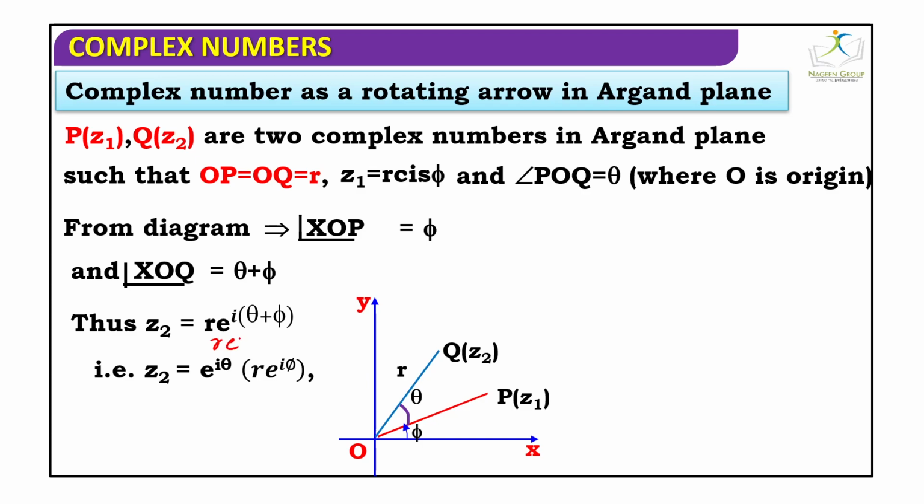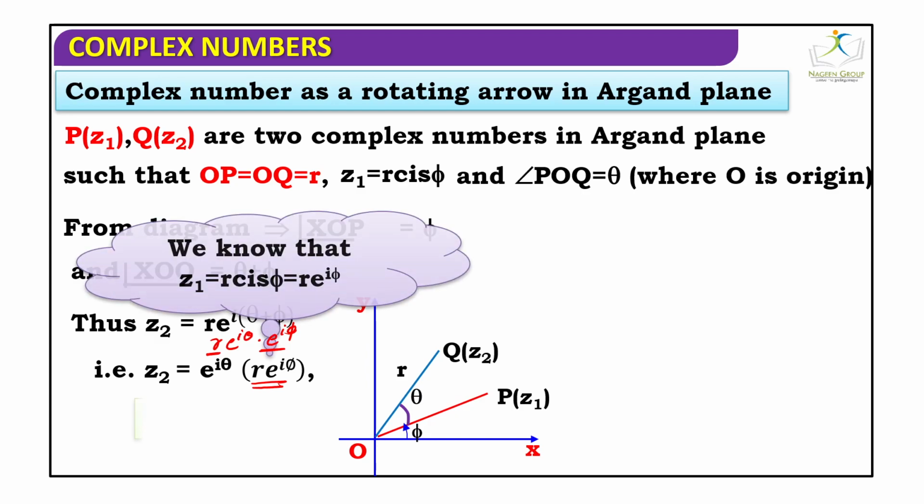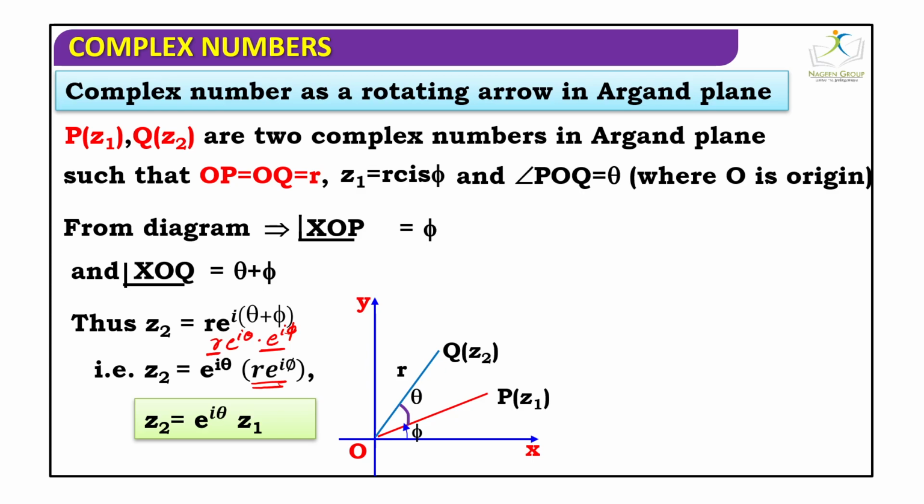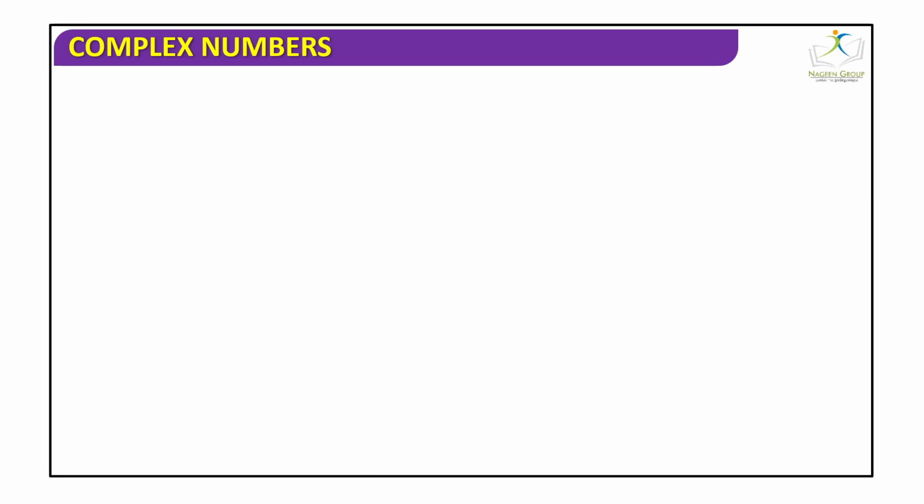R e to the iota phi, into e to the iota theta, right? So this value and this value we take as separate values. Now what is this value? This is R e iota phi, that is Z1, right? So Z2 equals e iota theta into Z1.